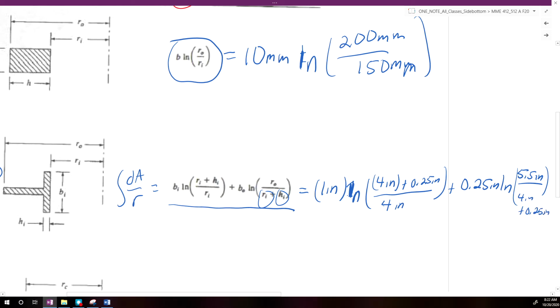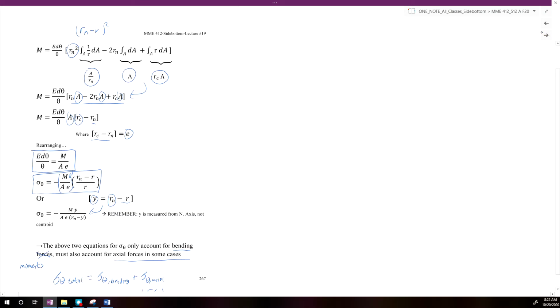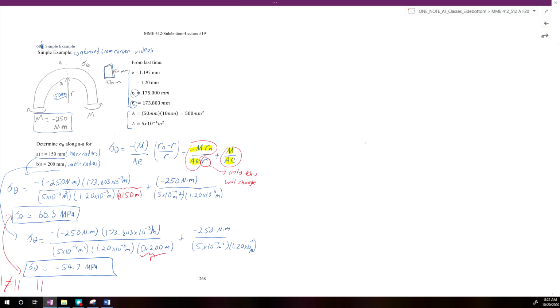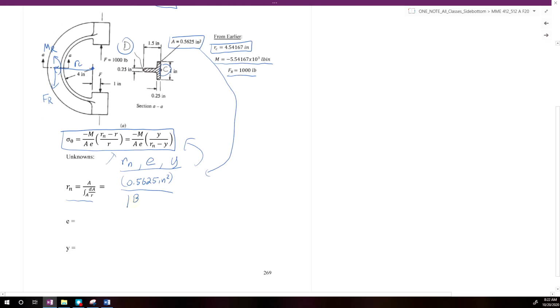Okay, so if we take this value, let me call this b here, and we bring that over to our example problem, and we take that integral b and divide that all through, what we end up getting is that our value of Rn is going to be equal to 4.49706 inches.